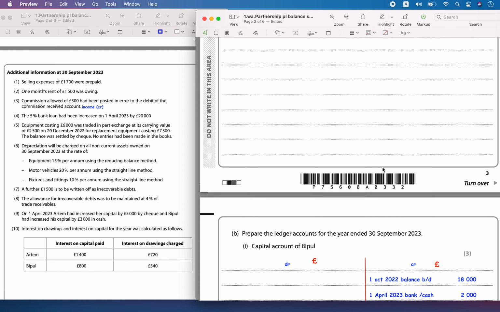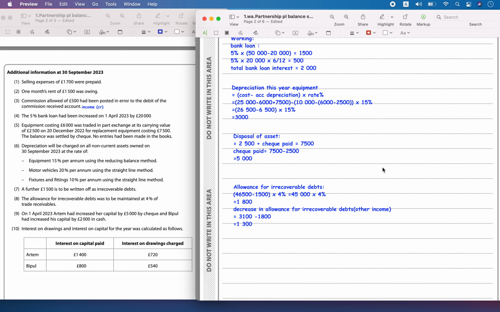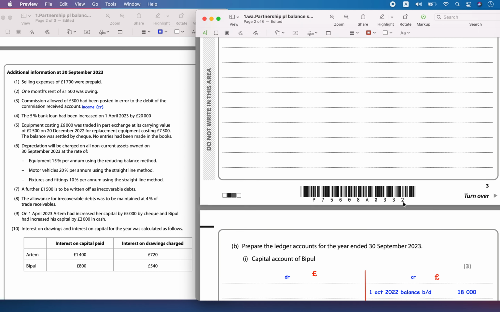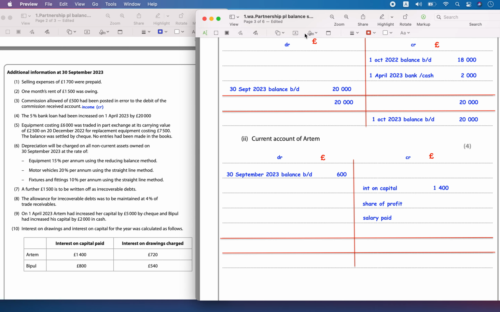And then the share of profit that Artem got was 12,000, and then the salary was 6,000. The salary that he got was 6,000.